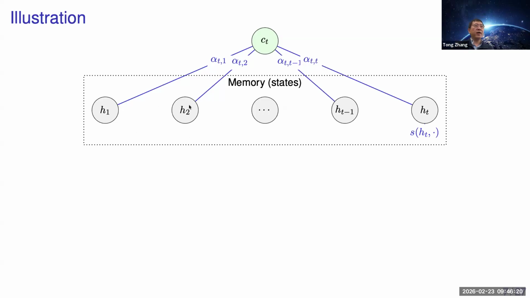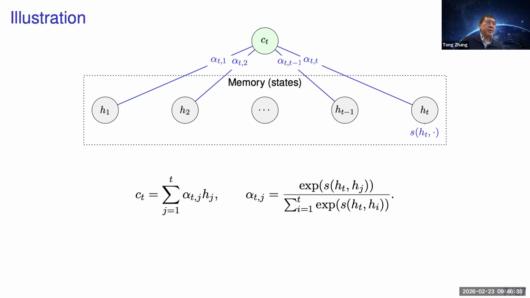There's a sum-to-1 condition, right? Because this is a softmax, so essentially the sum of alpha is 1. And basically, this is a way of recalling history. This is essentially saying that we are saving everything in the memory, and we will retrieve that when needed.